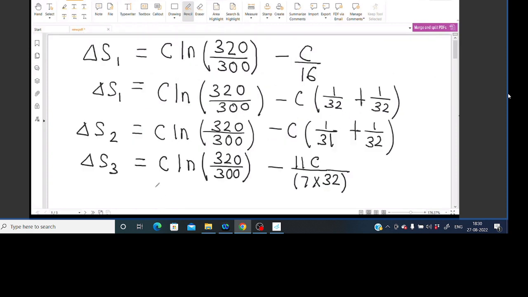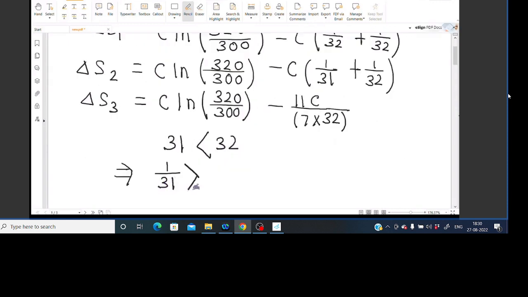So the change of entropy of the universe in process 1 is equal to C log 320 by 300 minus C by 16, which can be written as C log 320 by 300 minus C into 1 by 32 plus 1 by 32. The change of entropy in process 2 is equal to C log 320 by 300 minus C into 1 by 31 plus 1 by 32.